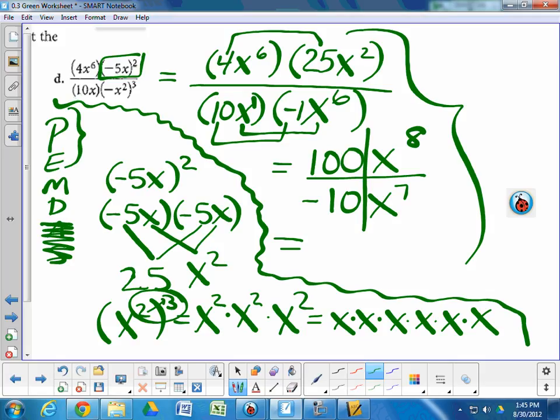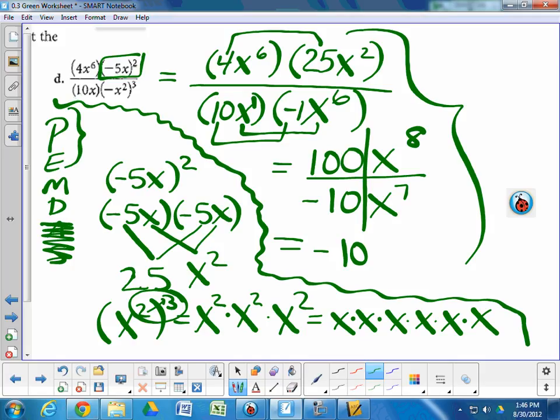Divide and conquer. If I asked you 4 years ago what 100 divided by 10 was, what would you say? 10. Guess what it is today? Still 10. All right? 100 divided by 10 is 10. But wait, the 1 is negative. You have one of each, a positive and a negative, it's negative 10.